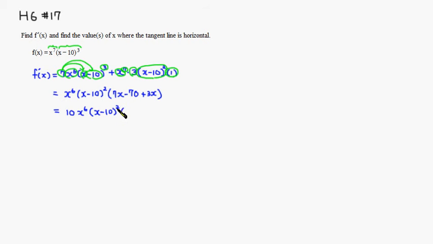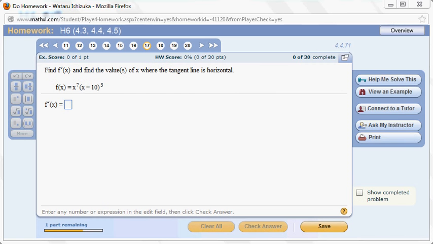So 7x and 3x combined make 10x, so with 10 pulled out, that's just going to be x. Then you have negative 70, and with 10 pulled out, it's going to be minus 7. So that's the derivative, so let's type it in.